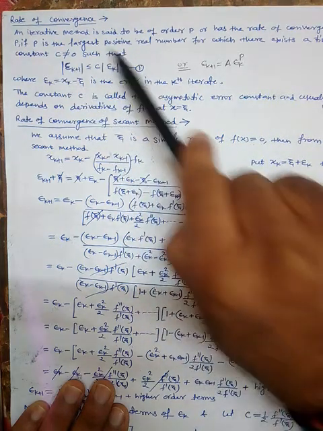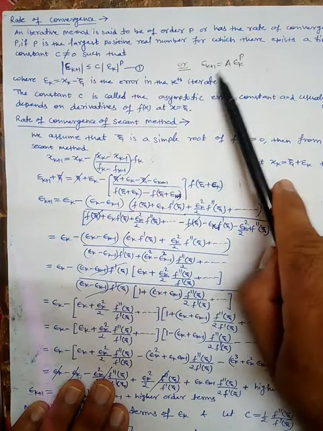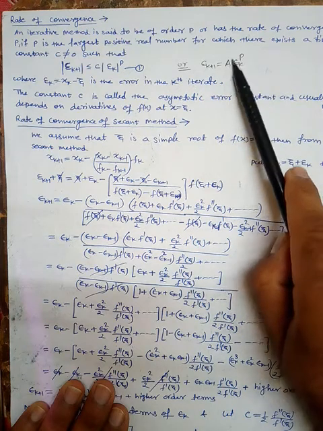Or equivalently, this can be written as epsilon k plus 1 equals a epsilon k raised to the power p. Here, what is a?